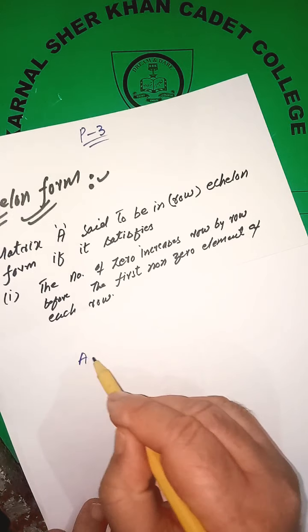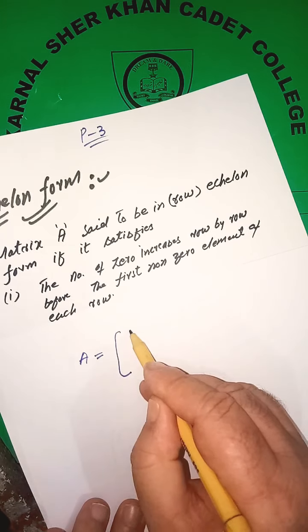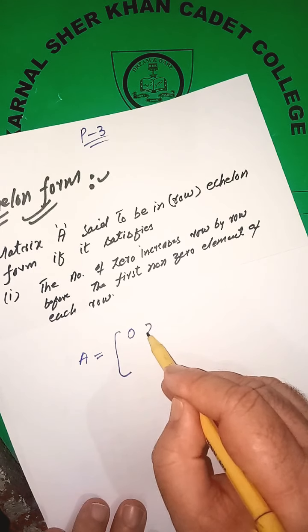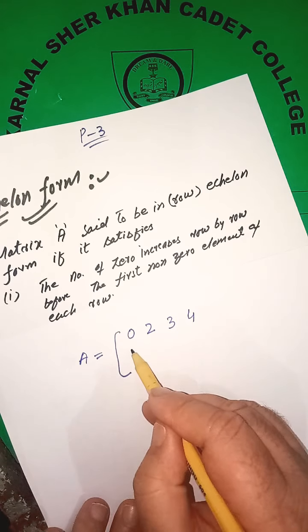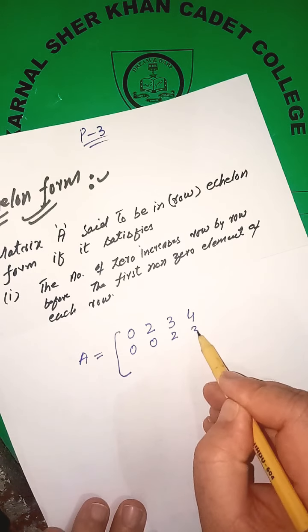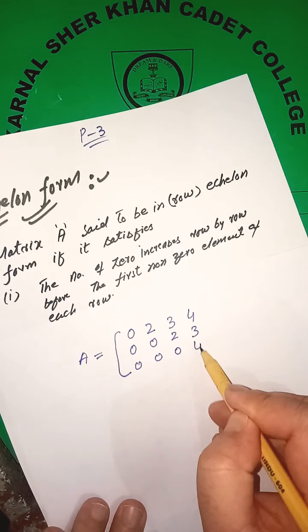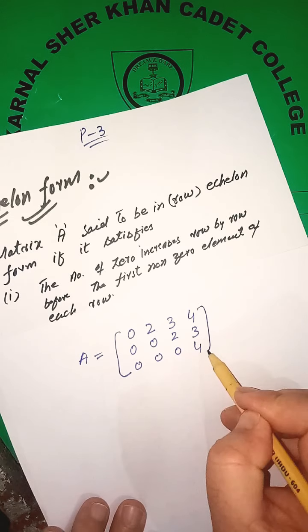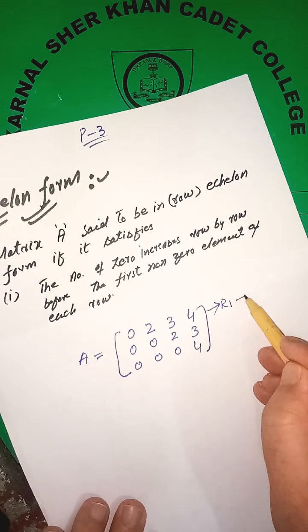For example, we have a matrix A that is 0, 2, 3, 4; 0, 0, 2, 3; 0, 0, 0, 4. That is row 1, a non-zero row.